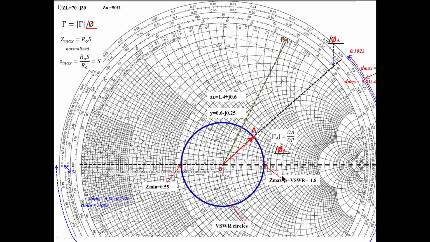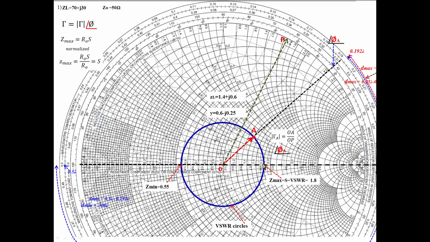It is 1.8. X value is equal to 0 here. Z maxima is 1.8. This is a normalized value. Multiply with Z naught, and we get the actual value of Z maxima. So normalized Z maxima itself is equal to VSWR. The Z maxima is 1.8, because what is the impedance here?